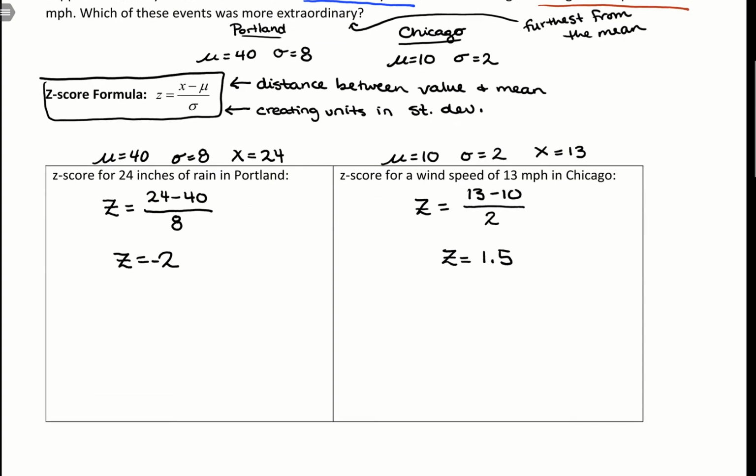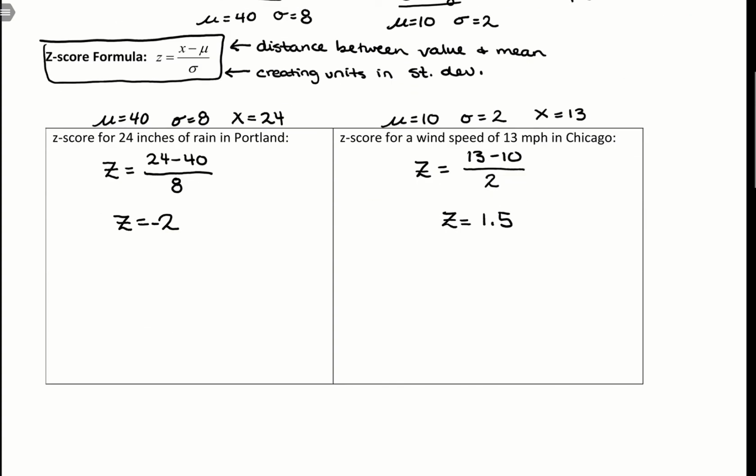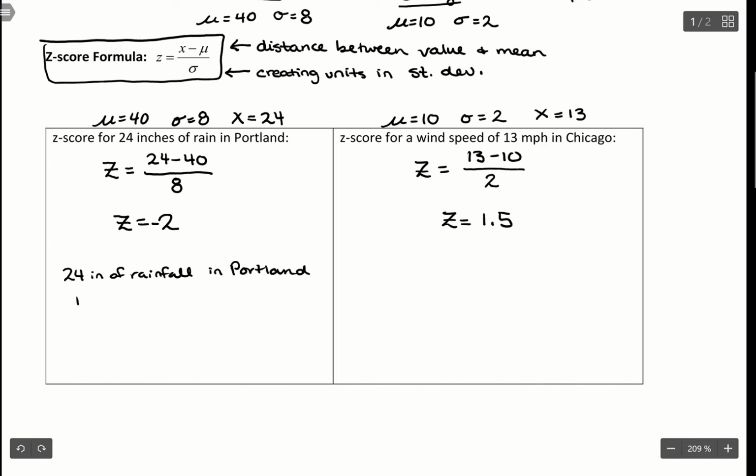So, with Portland, what this is telling us is that 24 inches of rainfall in Portland is 2 standard deviations below average.